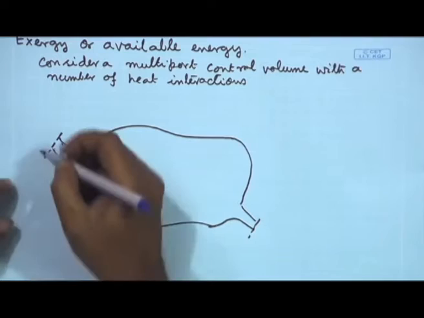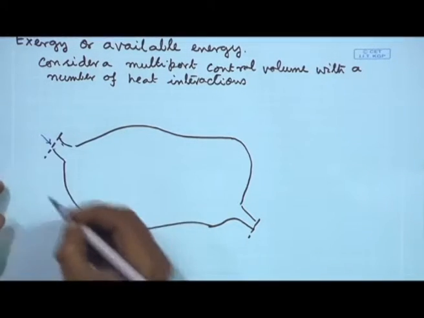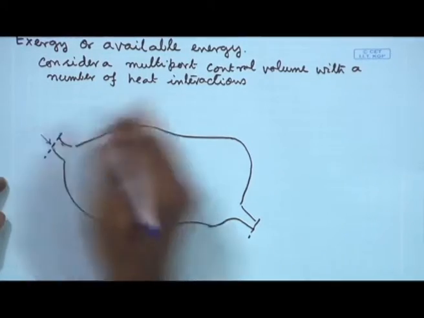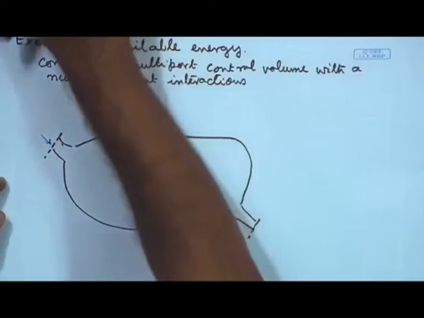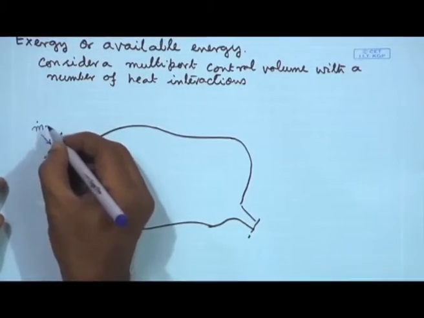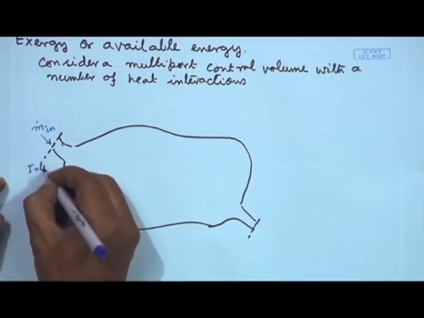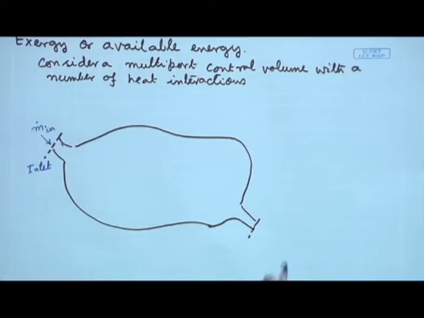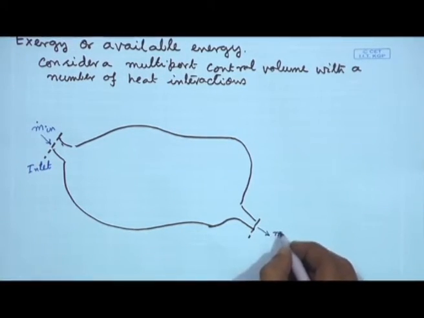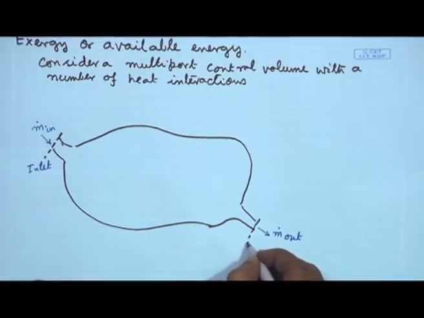Let us say from this direction mass is entering, I am putting m dot in, this is the inlet. From this side mass is going out, so I am putting m dot out, and this is the outlet.